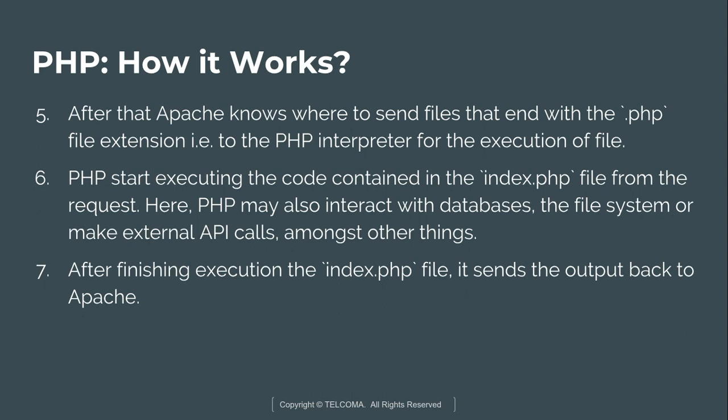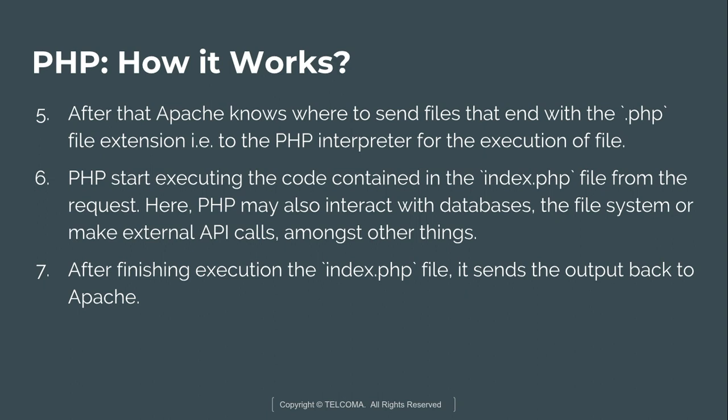The PHP interpreter executes the particular file that is sent to it. PHP starts executing the code contained in the index.php file from the request, and PHP may also interact with other objects connected to it.